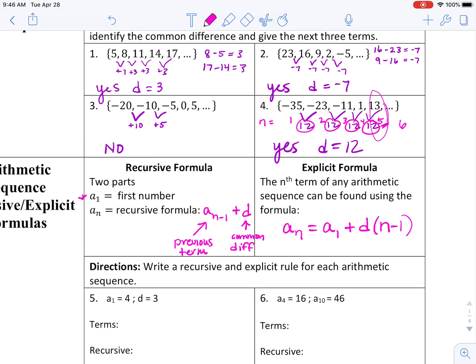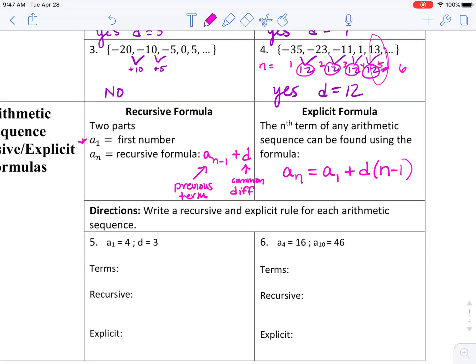So you're adding d on n minus 1 times to that original term in the sequence. In class, we would have explored this a little bit more, and I usually like to have students come up with and see that on your own. Obviously, via e-learning, I kind of just have to tell you what the formula is. So not as exciting, but again, it's nice to have a model.